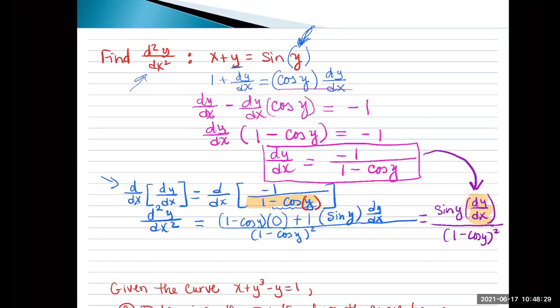We know what dy dx is equal to, so I'm going to plug it in there. So now I'm going to rewrite that. So I have sine y, but instead of dy dx, I'm going to write minus 1 over 1 minus cosine y.